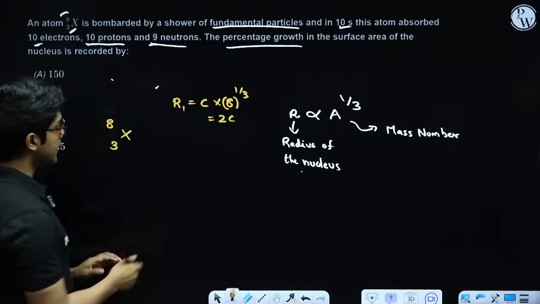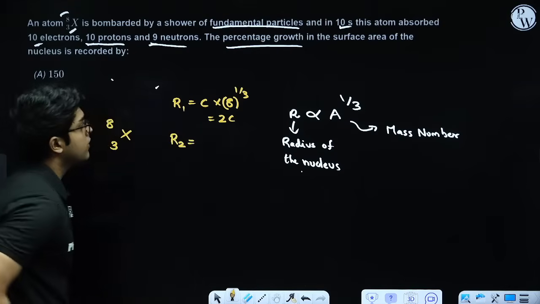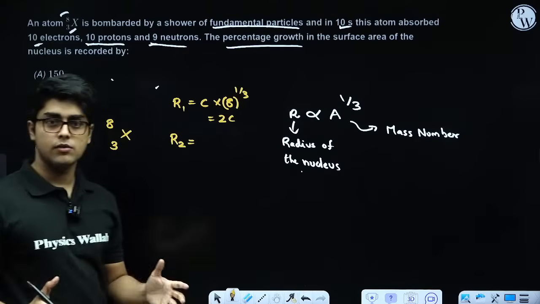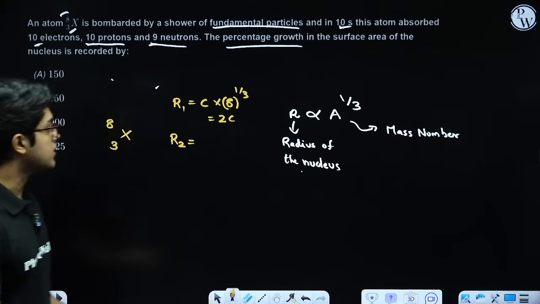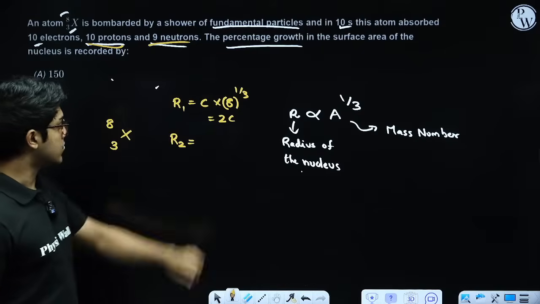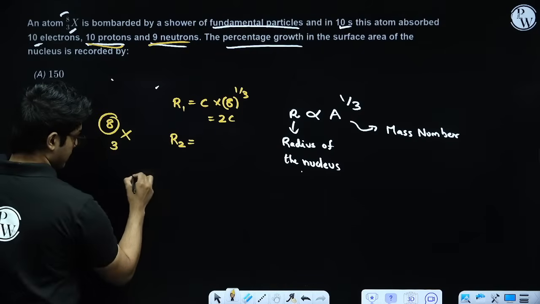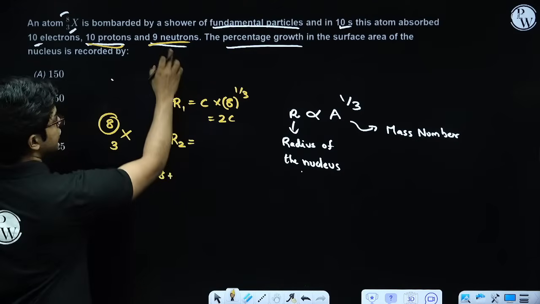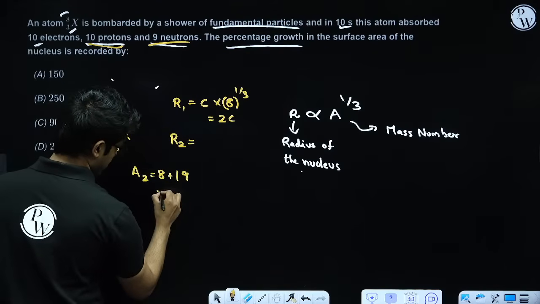Now for the second radius, the mass number will change. The mass number is the number of neutrons plus protons present in the nucleus, right? So it ate up 10 extra protons and 9 extra neutrons. Originally it had 8, so the new mass number will be the original 8 plus the new 9 plus 10, which is 19. So this is going to be 27.